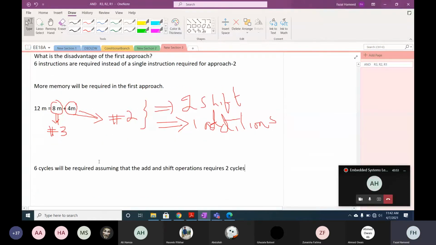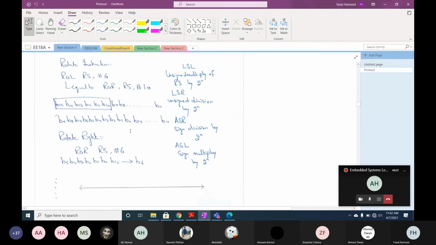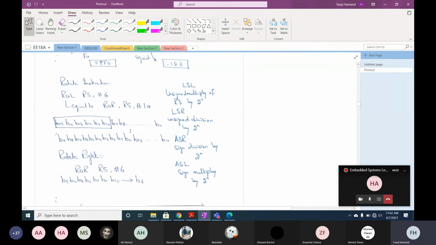Okay, now we proceed further, and we will study rotate instructions. We have 2 types of instruction: rotate left and rotate right. The rotate left will shift the bits of the MSB to the LSB side.